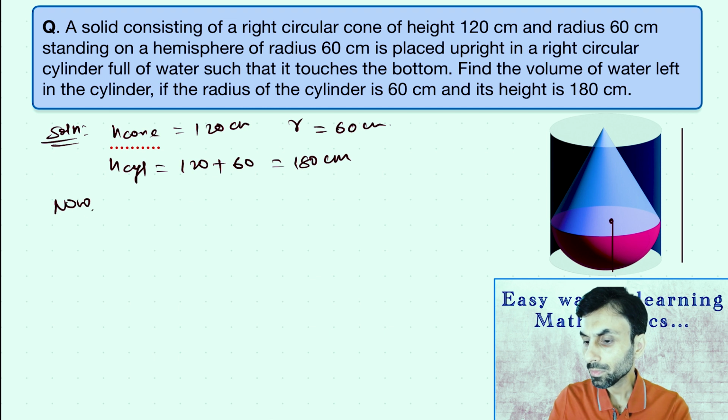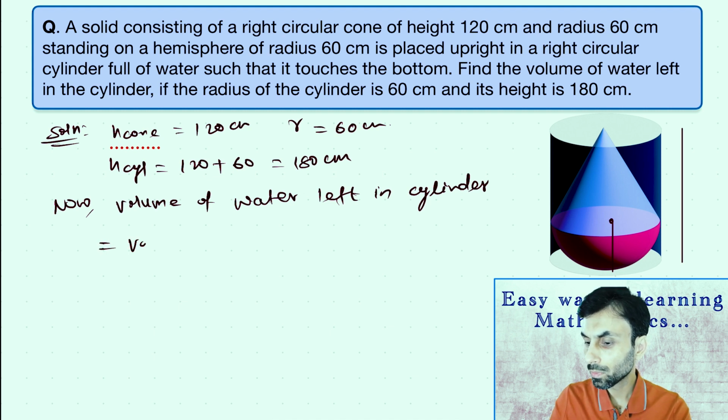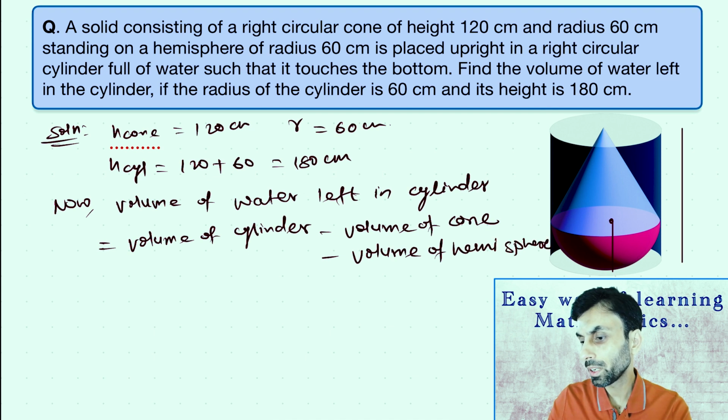Now the volume of water left in cylinder is equal to volume of cylinder minus volume of cone minus volume of hemisphere.